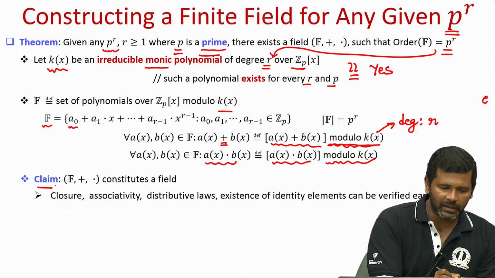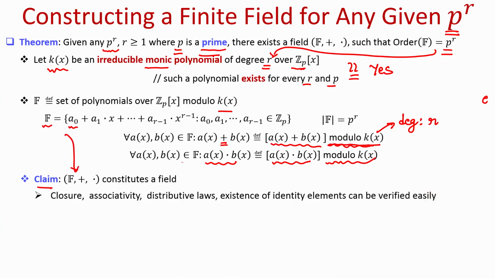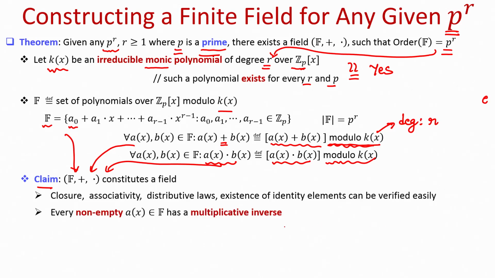And my claim is that the way I have constructed my F and the way I have defined my plus operation and the dot operation, this satisfies the field axioms. It can be verified easily. To check specifically, I want to show you that any non-zero polynomial here will have a corresponding multiplicative inverse.